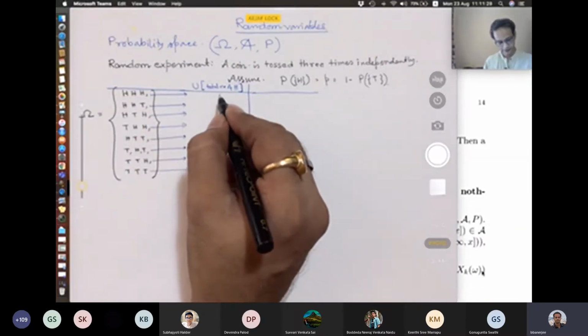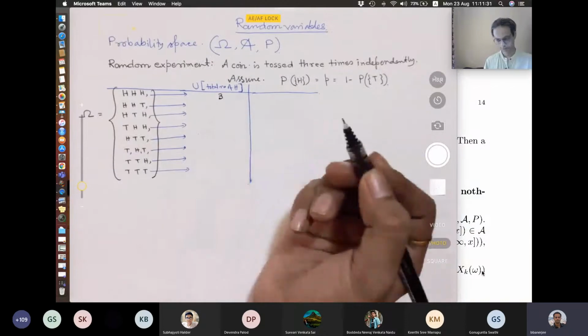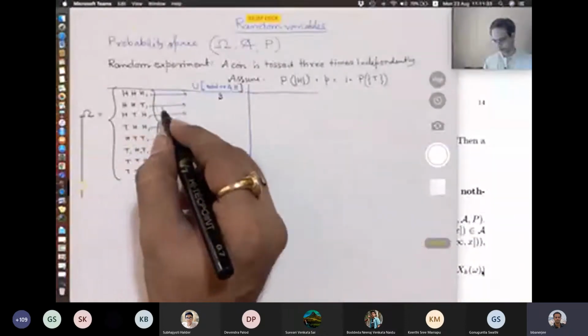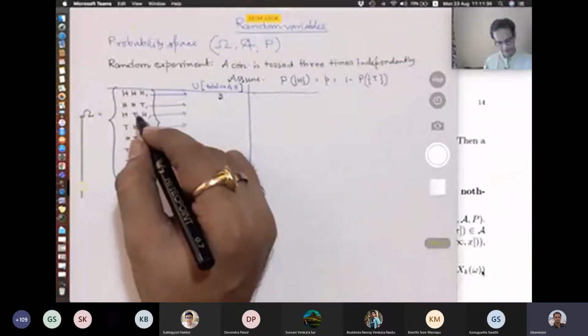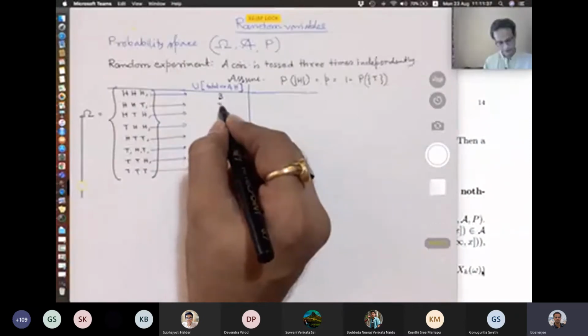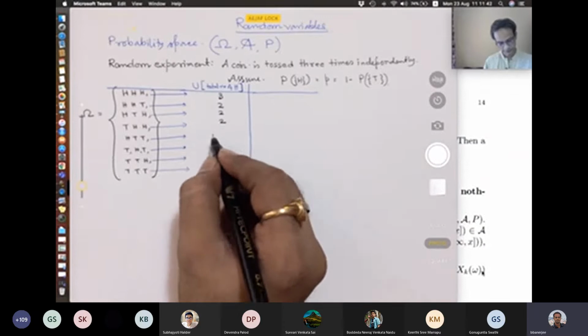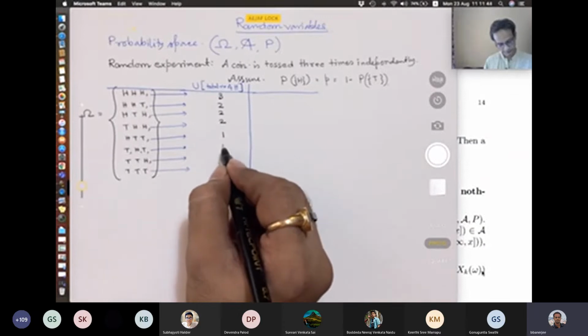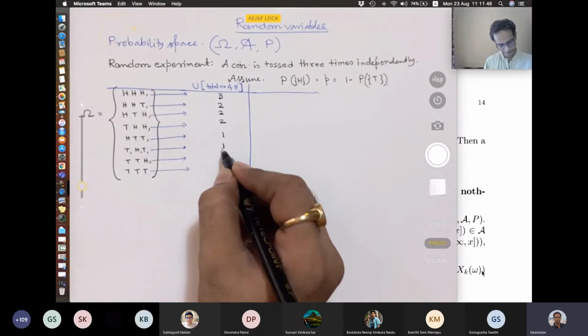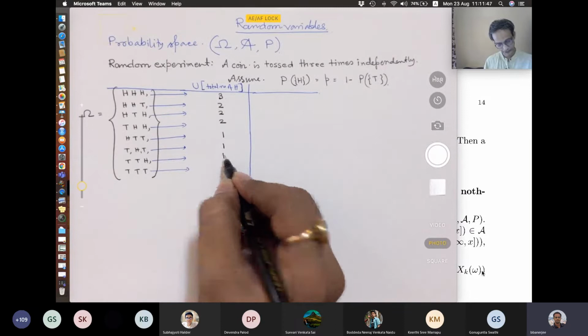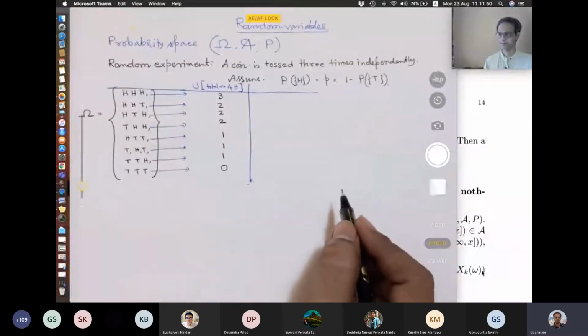There are 3 heads. For each of the next 3 outcomes, we have 2 heads, 2 heads, and 2 heads. Then 1 head, 1 head, 1 head, and the last one, there is none.